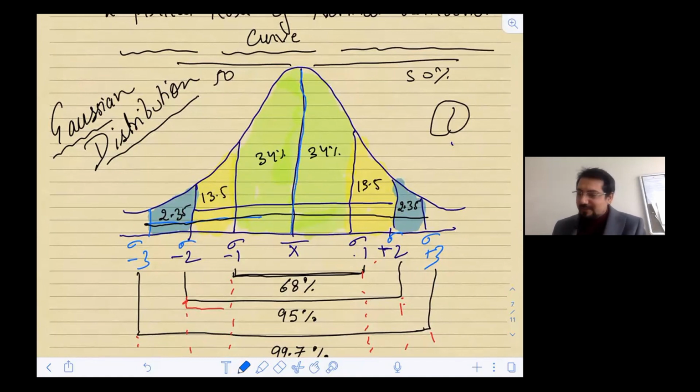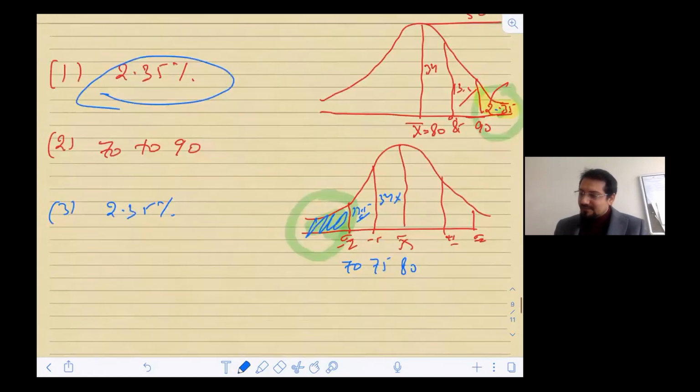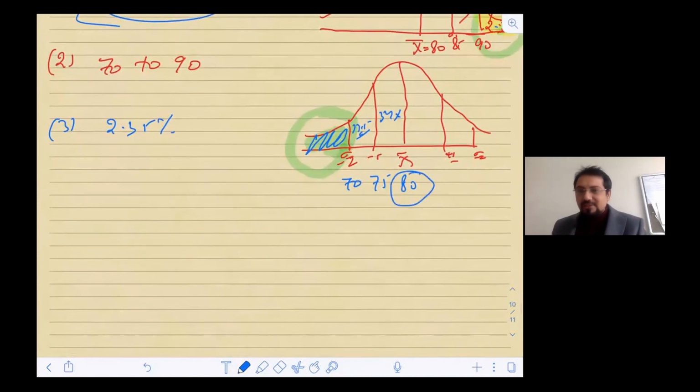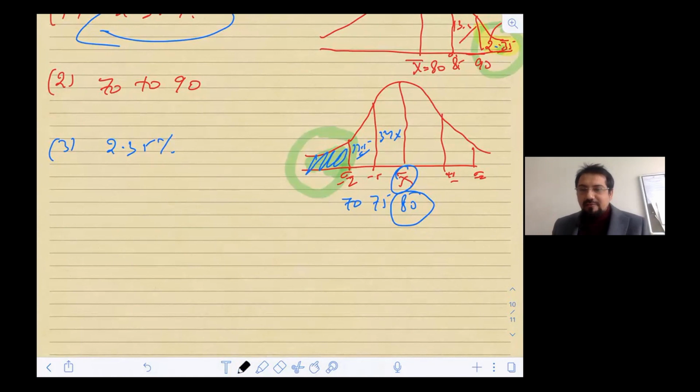We can simply put here that this is my mean, which is actually 50%, because mean, mode, median are equal at this point, and that is why it is called unimodal and symmetrical. Both sides are equal in shape and size. Okay, I think you can give me this answer. Maybe you write in the comment section. Because this is so simple, already, right or not? So I leave it to you.